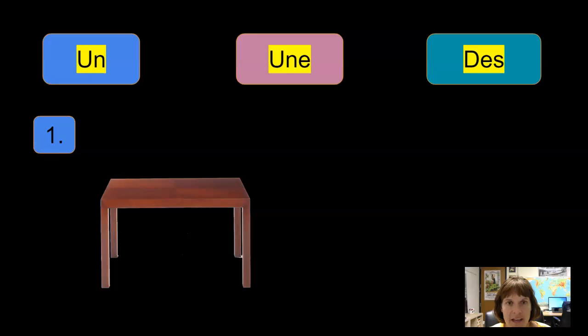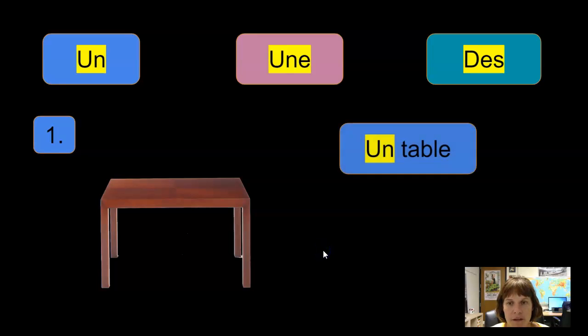Nous avons pratiqué. So we are going to practice. Comment dit-on table? Une table. So table is feminine, and so you would put une in front of it.